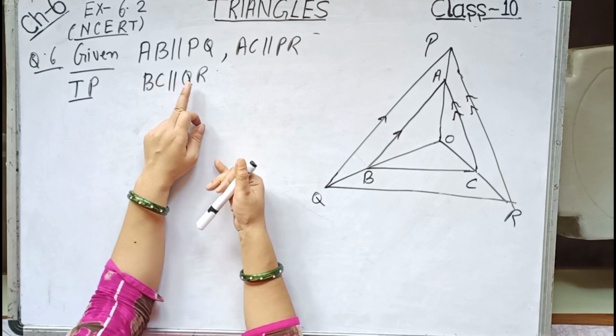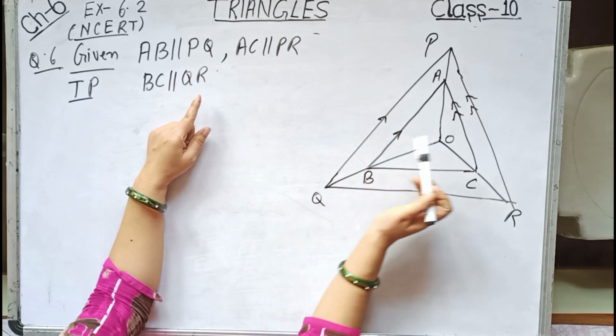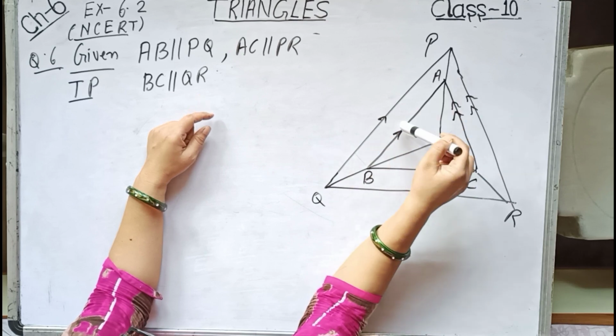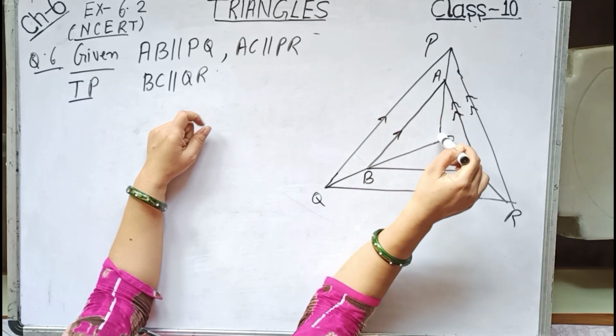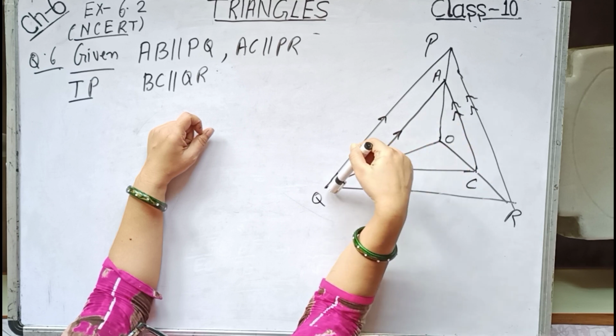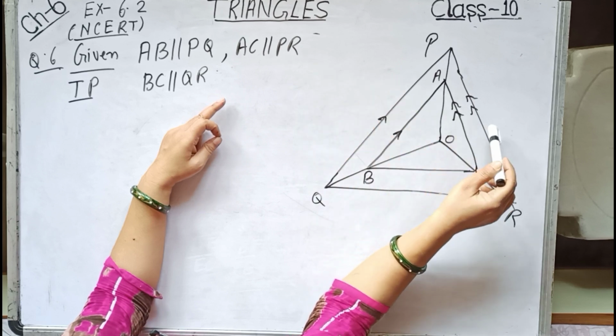Now AB parallel to PQ. Find a triangle in which AB is parallel to PQ. So in triangle OPQ, AB is parallel to PQ, so we can write OA by AP equals OB by QB. Similarly, AC parallel to PR.